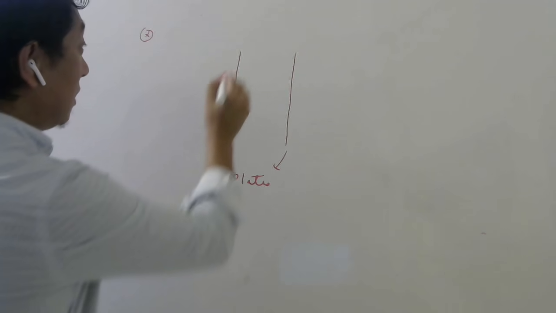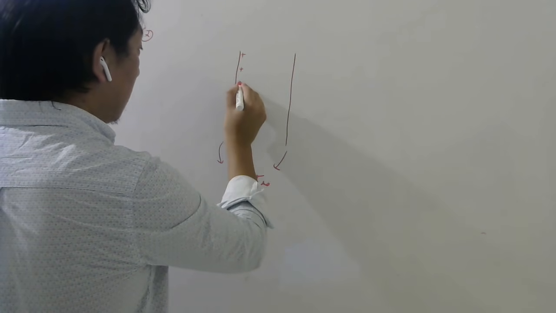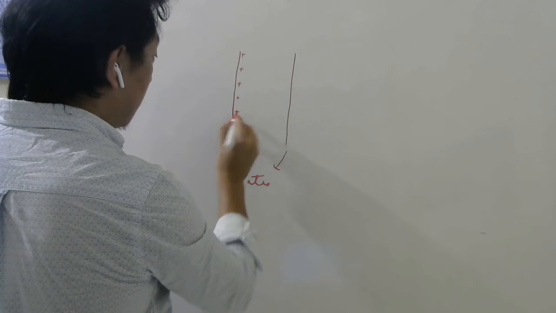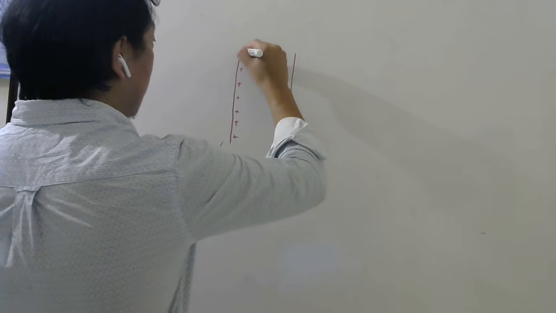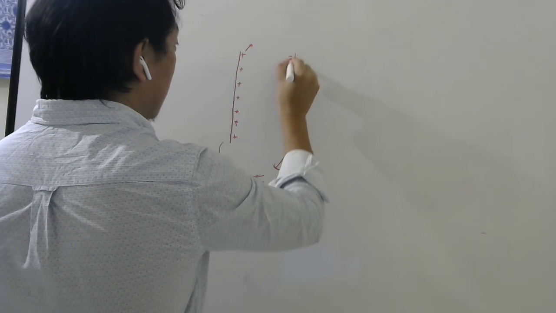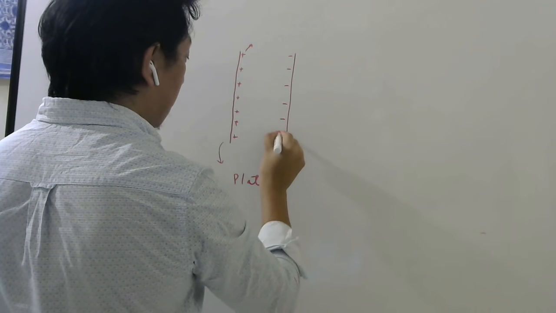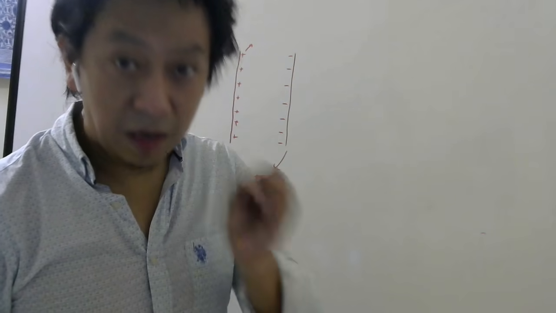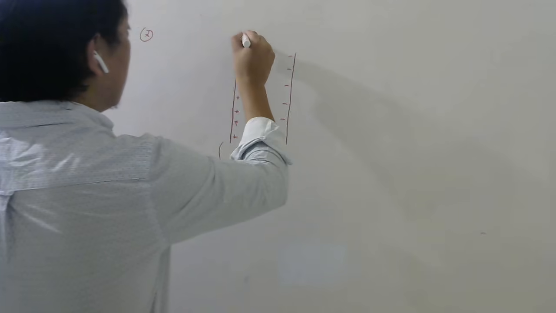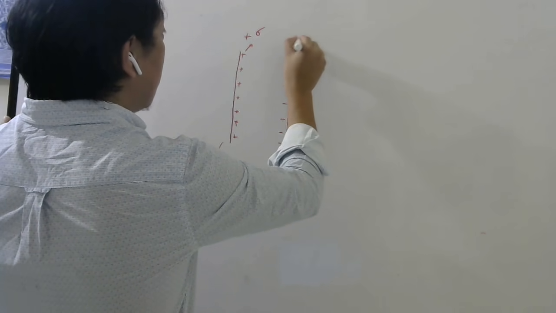And in one plate, this is the inside surface, this is the outside surface. So on the inside surface there is plus charge, on the outside there is minus charge. Now they have not given you the value of the charge, but they have given you the surface charge density.